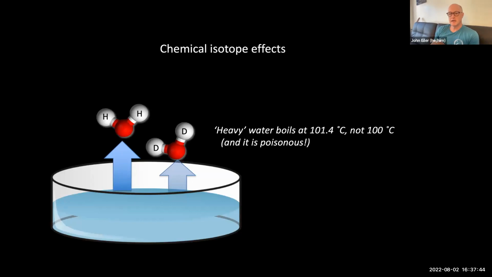Let's now focus in on chemical isotope effects that have natural consequences that lead to records that we can study in the environment. One that's very straightforward is that when I do a heavy isotope substitution in water, I make it heavy water. I replace the hydrogen atoms with deuteriums. The boiling point of that water goes up. That is, I have to make it hotter to evaporate it.